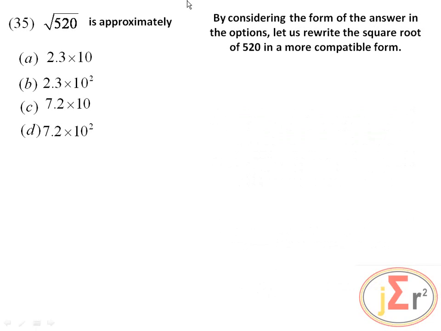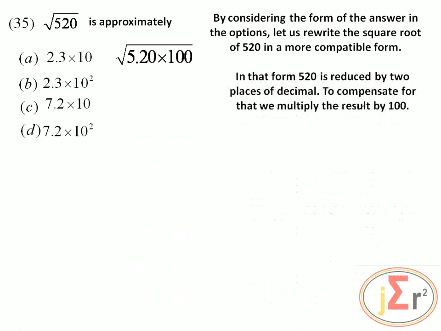So we will write it in a form that is more compatible to the answers that we have right here, which is also a very important method in mathematics. You use the form of the answers that you need. So we will write then the square root of 520 as the square root of 5.20 multiplied by 100.